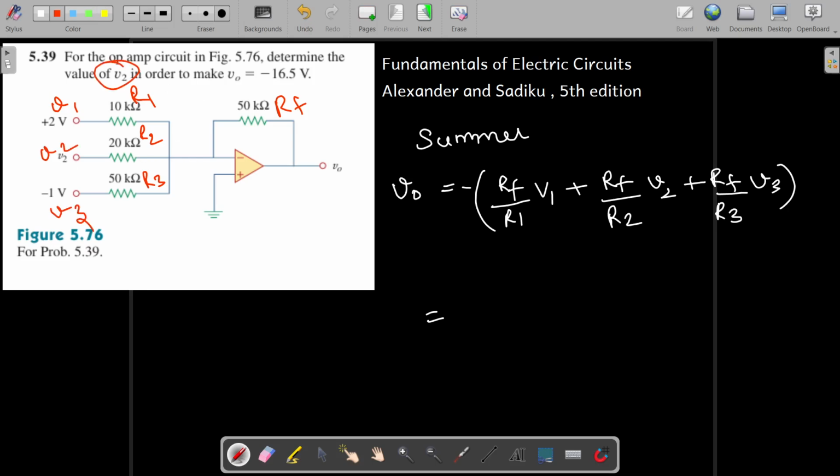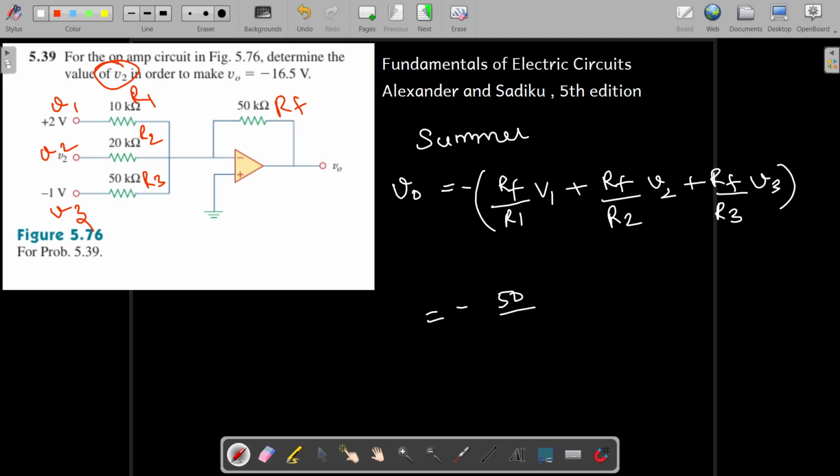So we need to find out this value V2 here, right? Okay, let's proceed now. So RF is 50. It is given in kilo ohms. So RF by R1 means if you are writing it in kilo ohms, then they get cancelled. So I am not putting this term into 10 power 3 because in both numerator and denominator you have the kilo ohm values only.